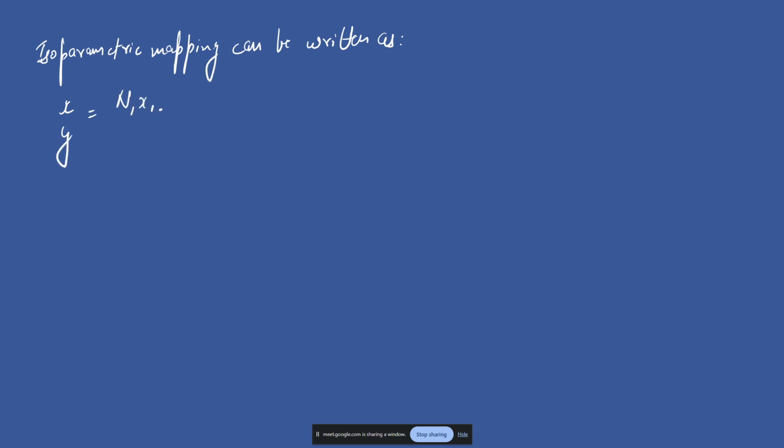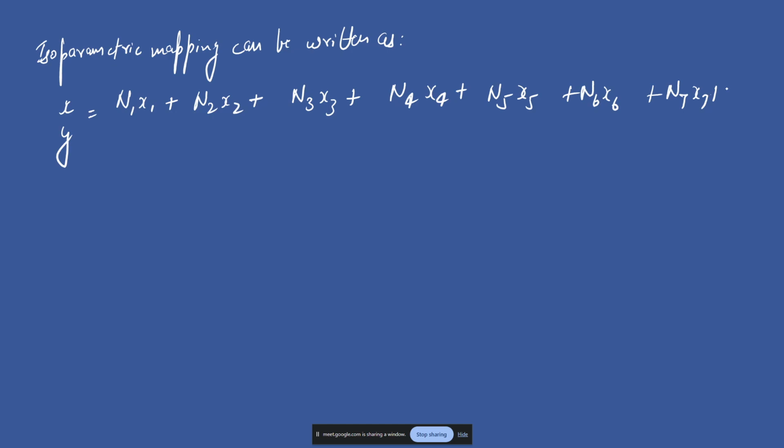So once you have all the shape functions, you can write the isoparametric mapping, and it can be written as xy: n1 x1 plus n2 x2 plus n3 x3 plus n4 x4 plus n5 x5 plus n6 x6 plus n7 x7 plus n8 x8.